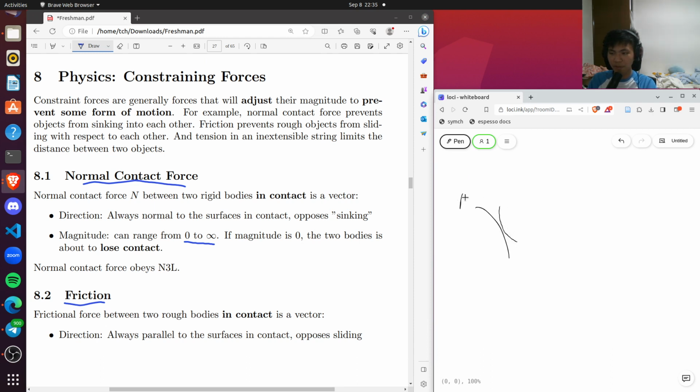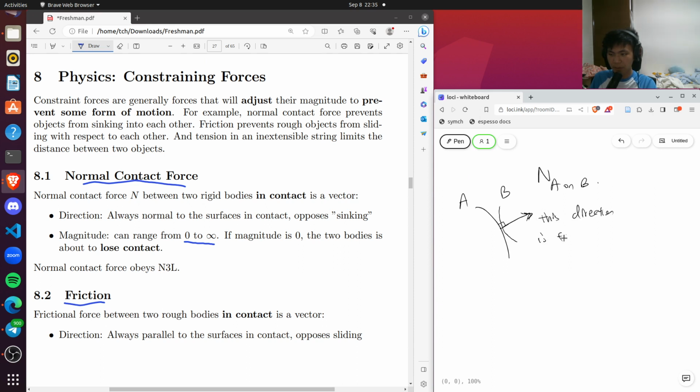So suppose the first object is called A and the second object is called B. The normal contact force of A on B, we'll take this direction as positive. So this direction is perpendicular to the surface, perpendicular to A at the point of contact.